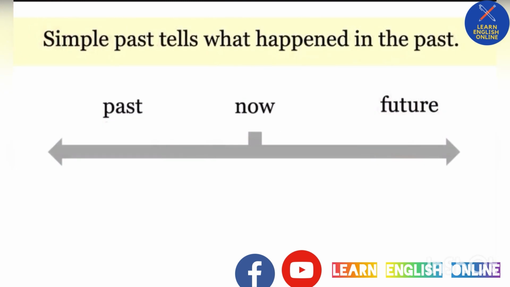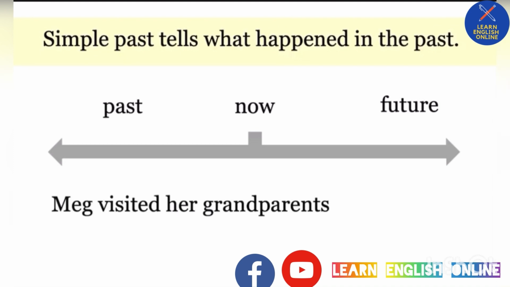Simple past tells what happened in the past. Let's look at some examples. Here is our timeline. Let's say Meg visited her grandparents. When? Meg visited her grandparents yesterday. Meg visited her grandparents last week.